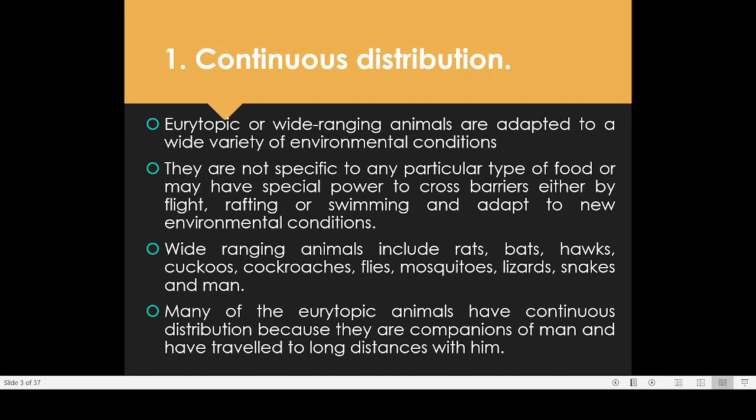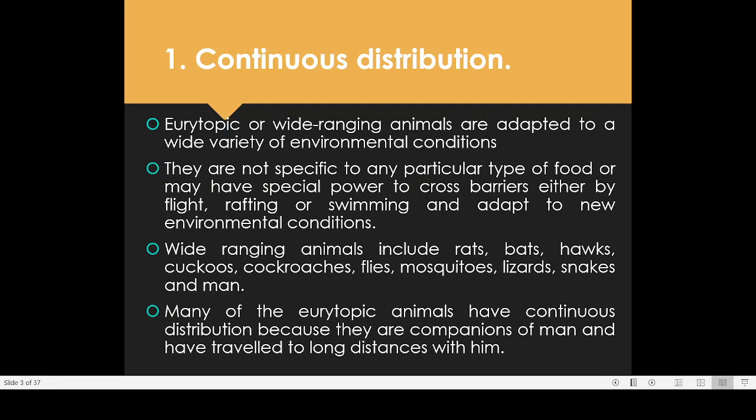You go to Europe, you can find rats. You go to North America or South America or Australia or any parts of Asia, you can find all these animals. That means they have a better ability of crossing the natural barriers. They can easily move from one area to another area. So these are the reasons why some animals are present in wider areas of the world.